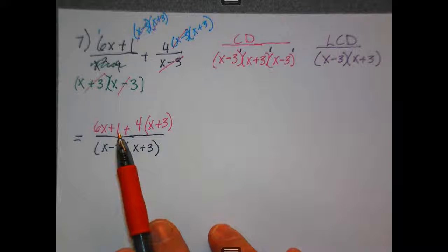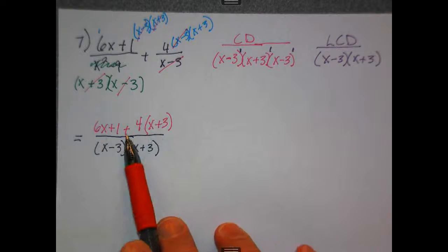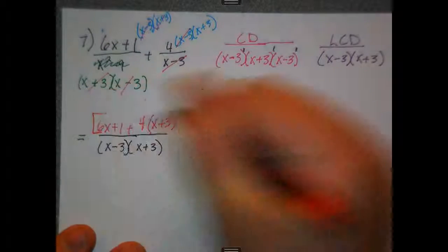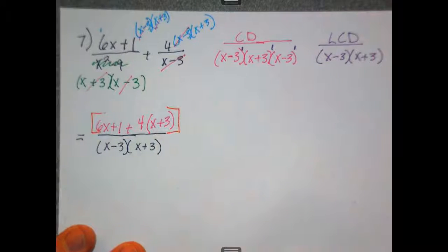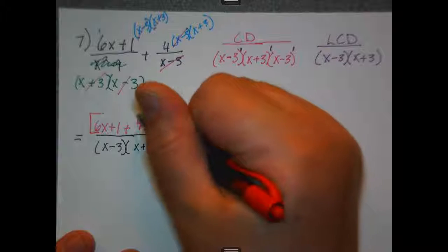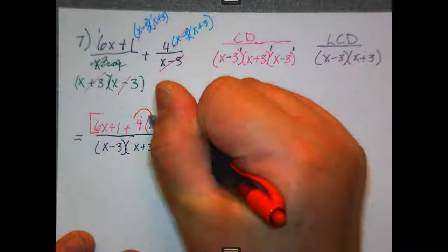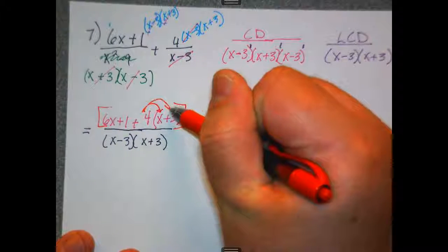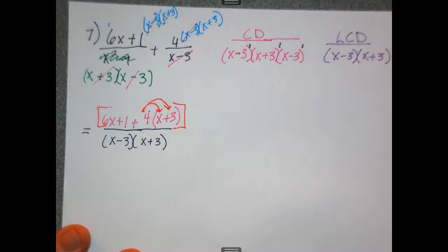Remember, these are two terms. I have a plus or minus sign in between. These are locked in there, so I can't cancel them out. But what I need to do is simplify the numerator, so I need to distribute that 4 over the parentheses.